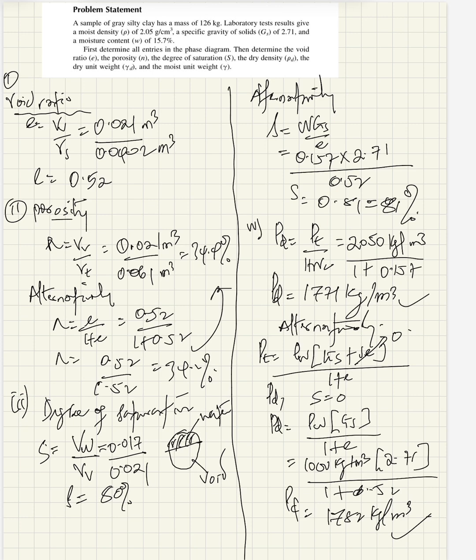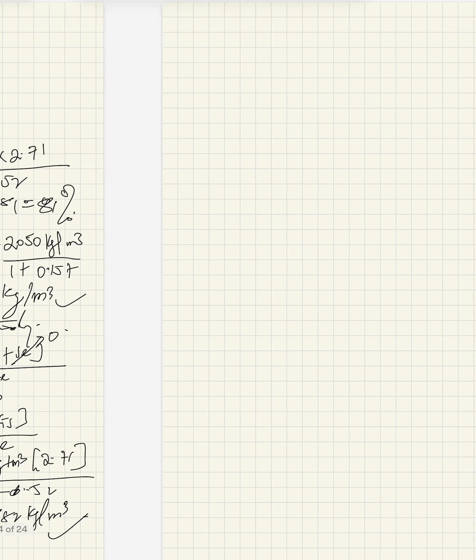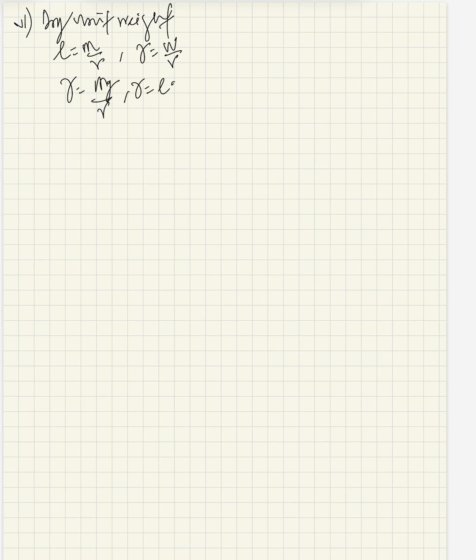So the next thing we will be finding based on the question is the dry unit weight, number 5. We know that density equals mass over volume, and unit weight equals weight over volume. So unit weight equals mg over volume. So unit weight equals density times g.